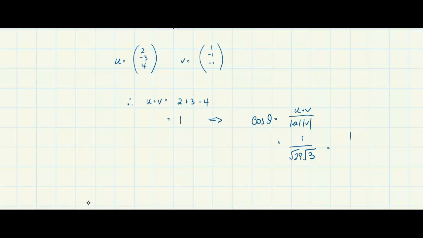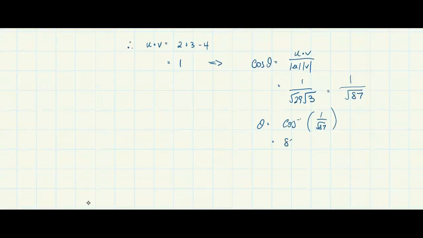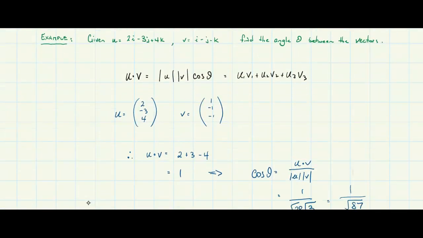So this is 1 over the square root of 87. So theta will be the inverse cosine of this amount here, which we can calculate, which gives us 83.8 degrees to 3 significant figures. Okay, there's our angle between those two vectors.